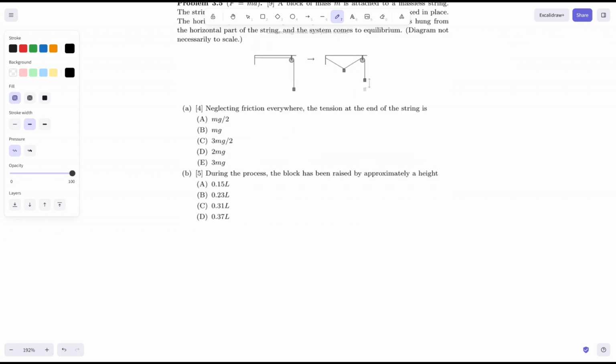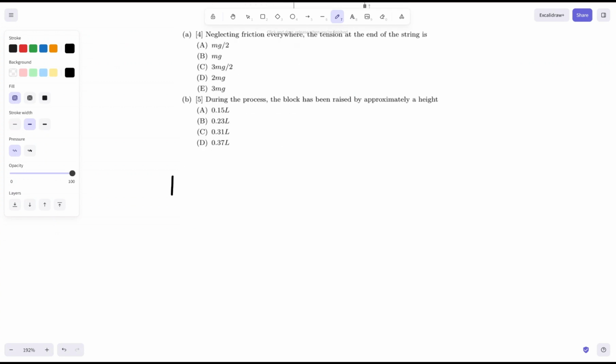Okay, so let's do part A, and part A is asking about the tension. Here's our diagram. Here we can obviously see that the tension is mg. The reasoning behind this is that if the tension in one part of the string is mg, the tension in every single other part of the string must also be mg.